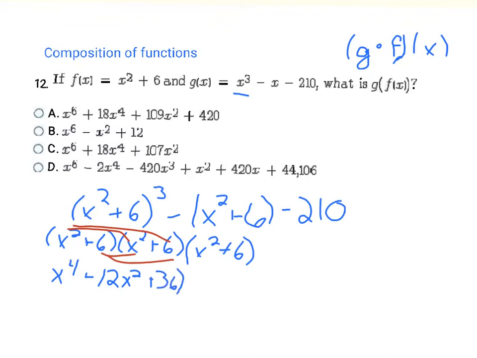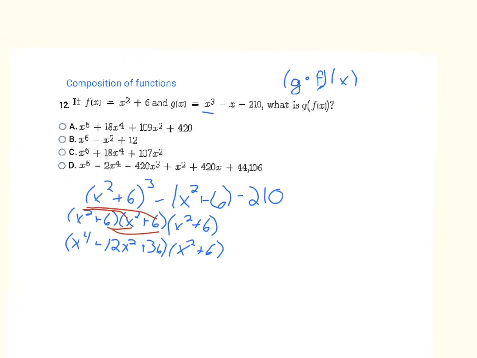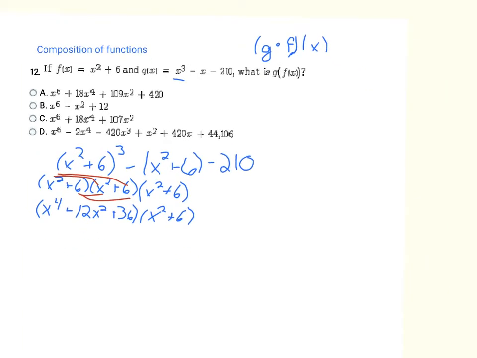And so I already went ahead and combined the like terms after the FOIL also, and that's going to be x squared plus 6 also. And now I have to distribute here, and so that means I'm going to take the x to the 4th times both of those, and that's going to give me x to the 6th plus 6x to the 4th.